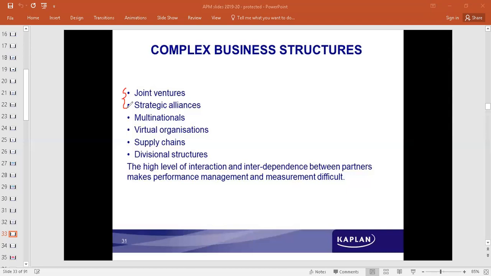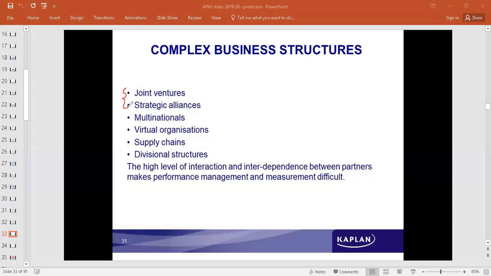If they are registered as a new entity, it is a joint venture. Without establishing a new entity, but only to carry out the business activities, there is an alliance. It's a strategic alliance, but there is no separate entity formed. So that's a strategic alliance.